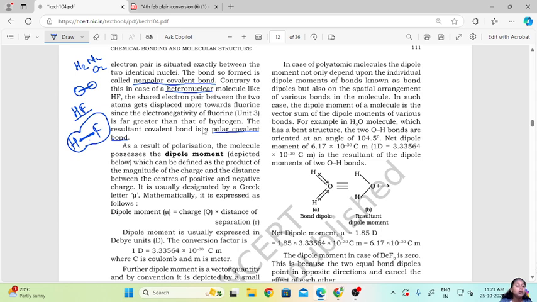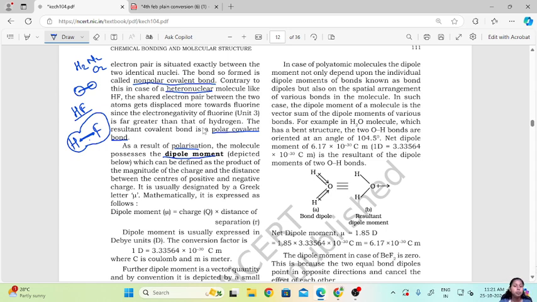Polar means towards one atom there is more pull. As a result of polarization, the molecule possesses a dipole moment, which can be defined as the product of the magnitude of charge and the distance between the centers of positive and negative charges.